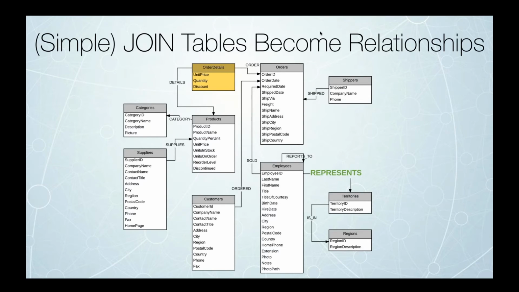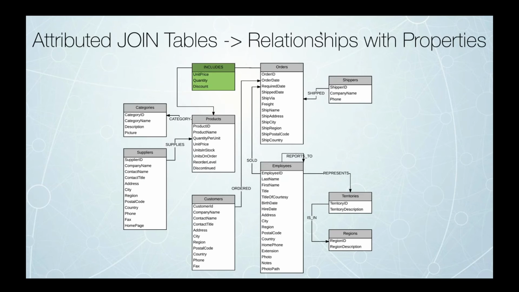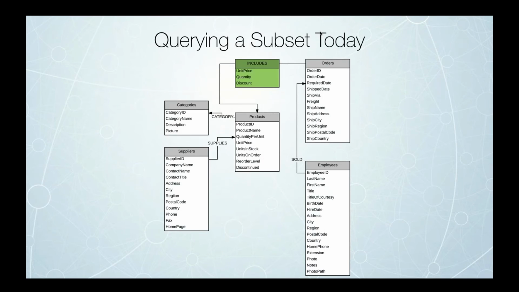So an employee represents some territory, and our join tables with attributes become relationships as well, but we need to store the properties on those relationships. So here, orders will include some product, but we need to store the unit price, quantity, and discount as properties on this includes relationship. And we end up with something like this.